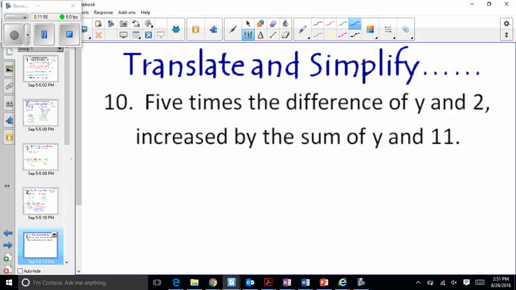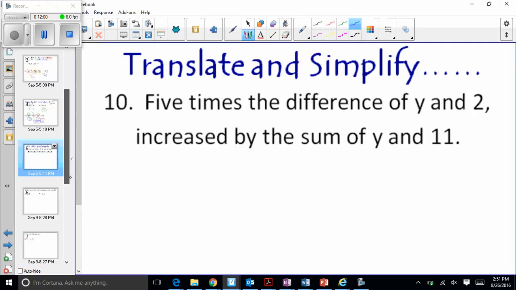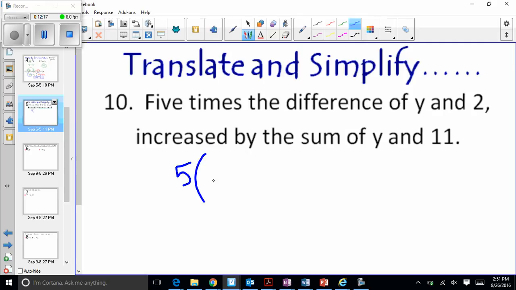And our next one, we'll just keep going as quickly as we can here. We're going to translate and simplify. You might also want to pause the video here and see if you can translate it correctly. 5 times the difference of y and 2 increased by the sum of y and 11. It looks like this: 5, parentheses, the difference of y and 2, I subtract it, increased by the sum of y and 11.